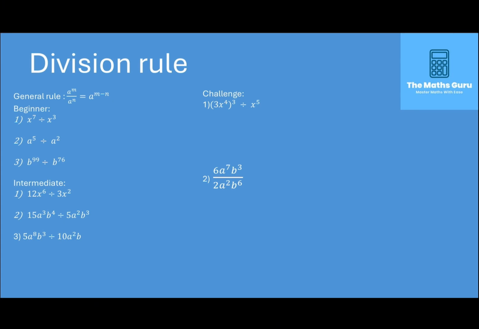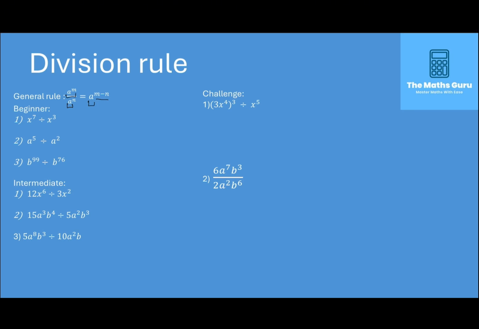Okay. Looking at the division rule, we have a similar sort of concept, and we're just saying when the bases are the same, a and a again, and they're both to the power of different exponents, and one's being divided from the other, we can take the common base and just minus one of the powers from the other.